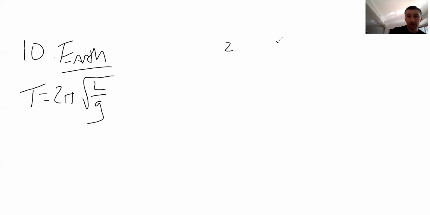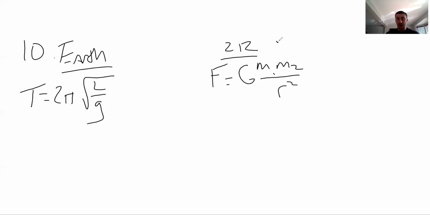Now if we look at 2r, this kind of goes back to your universal gravitation chapter. I got to remember that force is equal to big G m1 m2 over r squared. Now, if I want the acceleration due to gravity, in other words g, I got to remember that force is equal to mass times acceleration, and the acceleration in this case is my acceleration due to gravity.